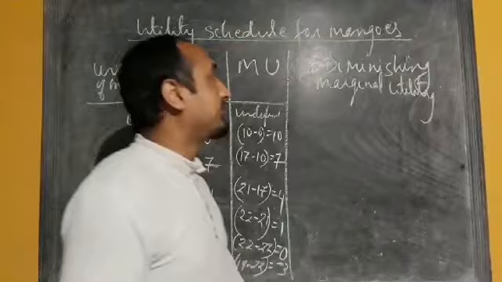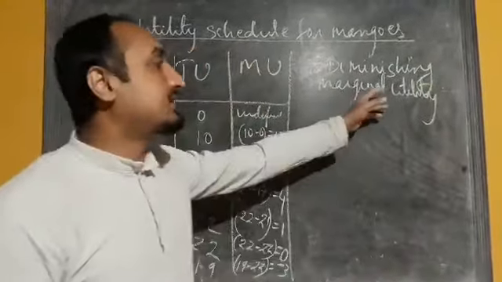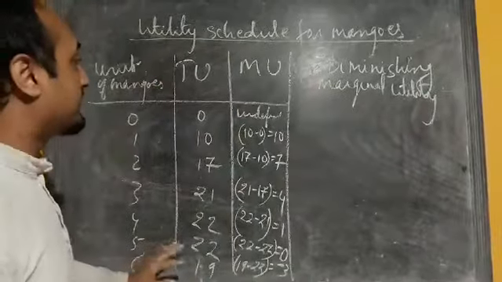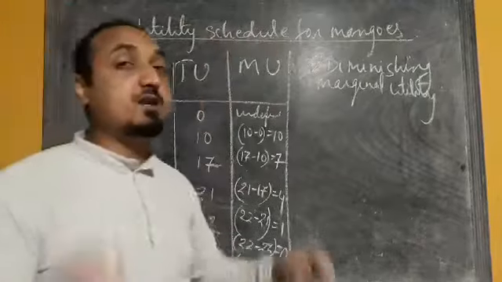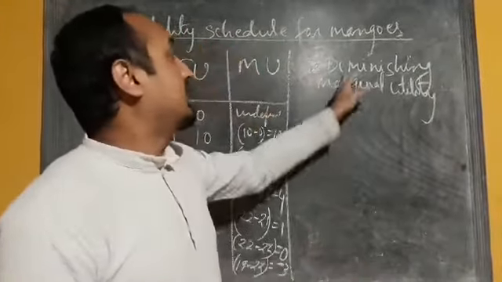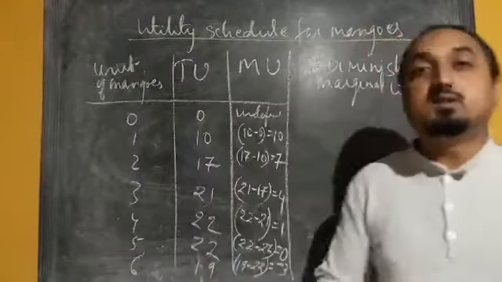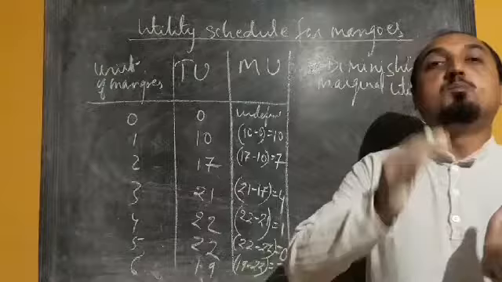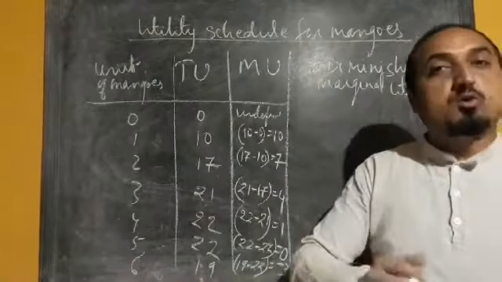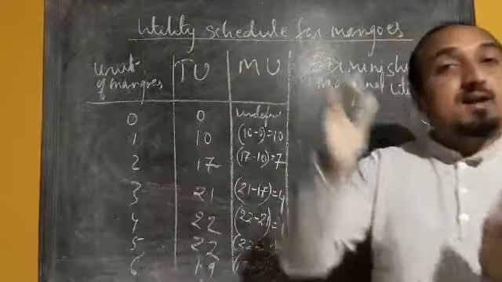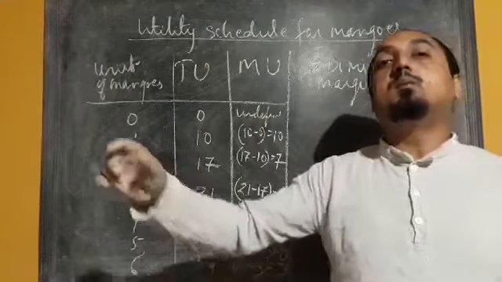Okay, so the next concept we have is diminishing marginal utility. In order to explain this, this table is very important. That's why I will explain this concept from the given utility schedule for mangoes. Okay, let's start. Diminishing marginal utility states that when we consume more and more units of a commodity, each additional unit gives us a lesser and lesser level of satisfaction.